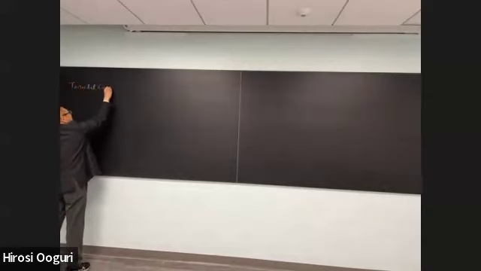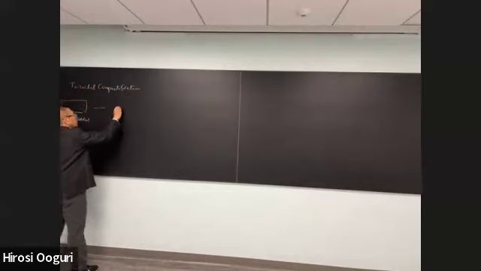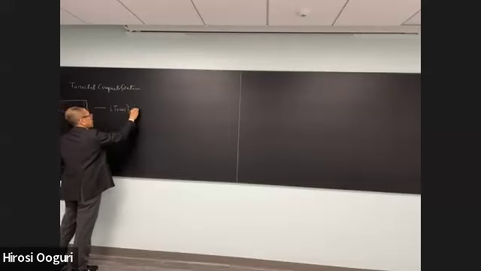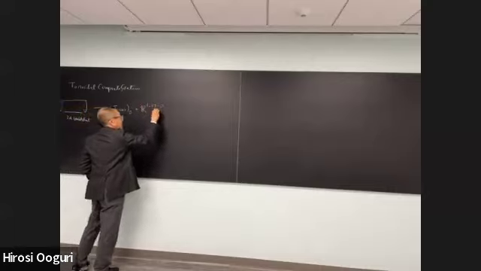So, toroidal compactification. What we consider is a map from two-dimensional worldsheet to a torus in d dimensions times R of 1 time and 25 minus d dimensional flat space.